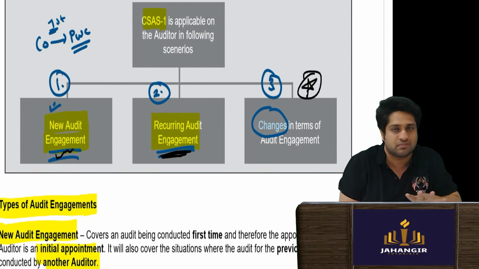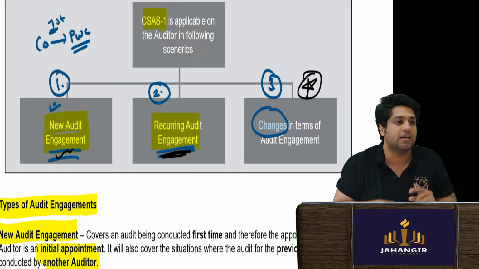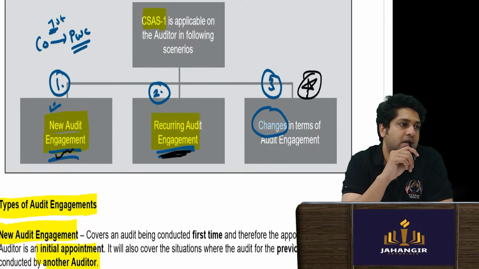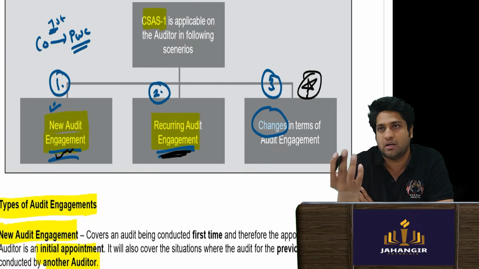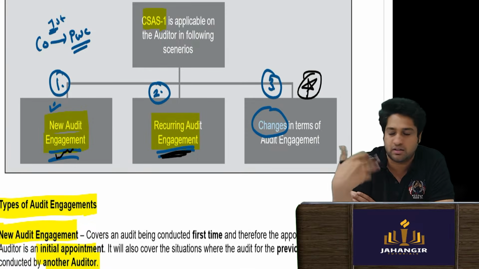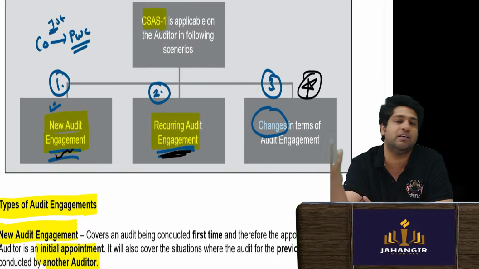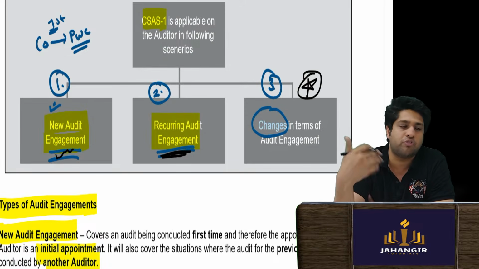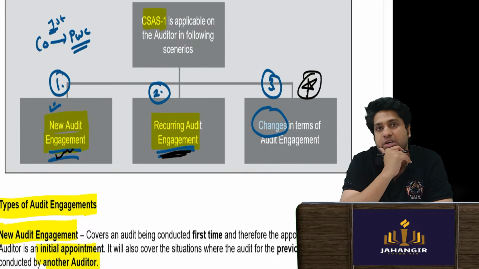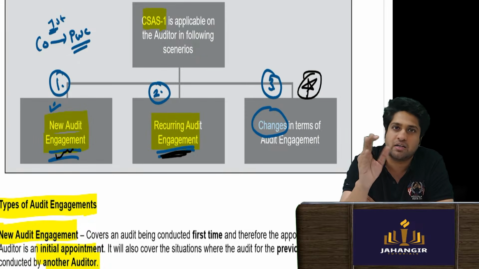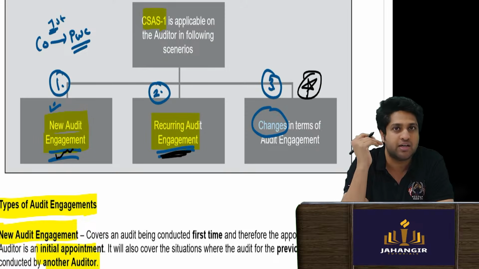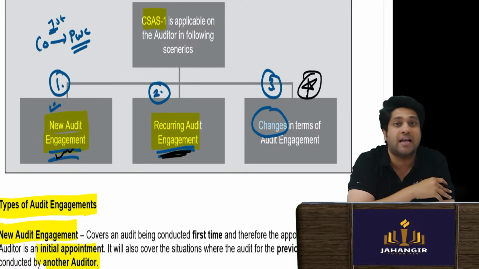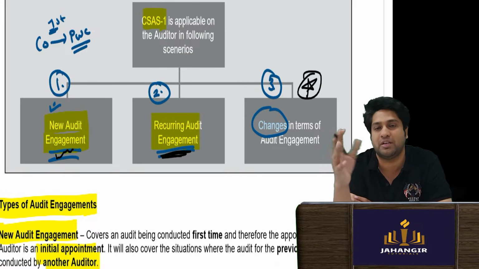New audit engagements will be done. Recurring audit. Sir, what is a recurring audit? Now, the auditor needs to be changed in how many years? Is rotation of the auditor mandatory or what? The answer is that rotation is applicable only for certain companies. For other companies it is not needed, and even for certain companies where rotation applies, it is done every 5 years.